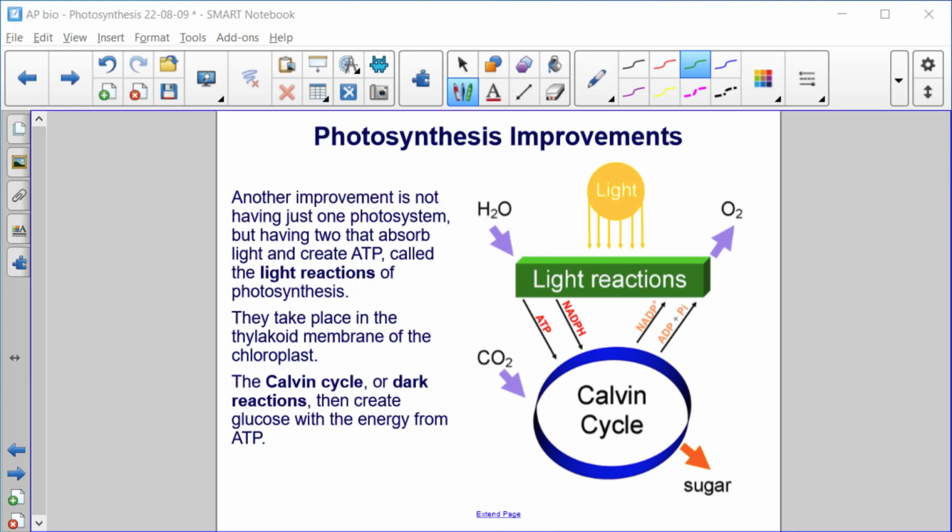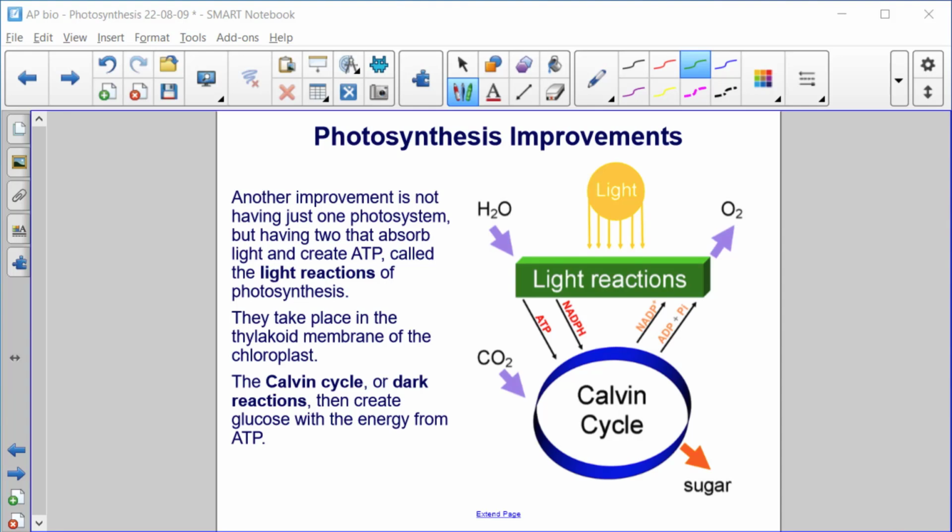In addition to non-cyclic electron transport, another improvement is that we don't just have one photosystem, but we have two that absorb light and create ATP, called the light reactions of photosynthesis. They take place in the thylakoid membrane of the chloroplast.